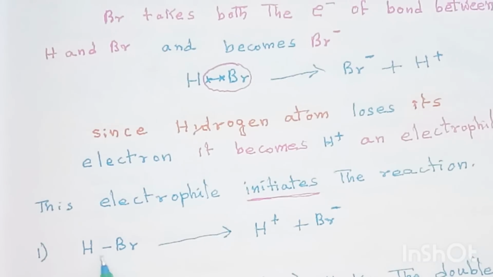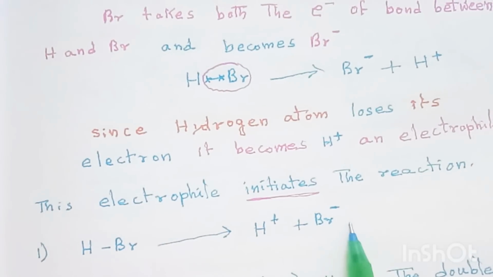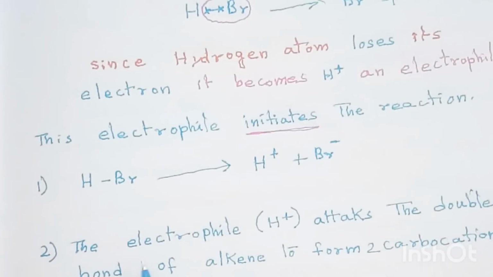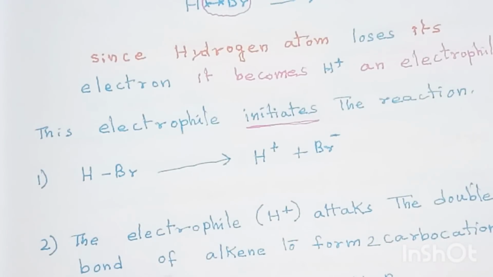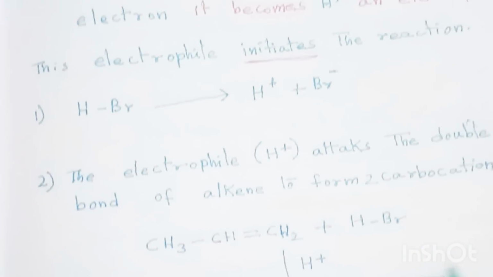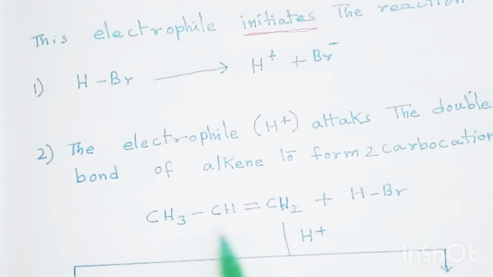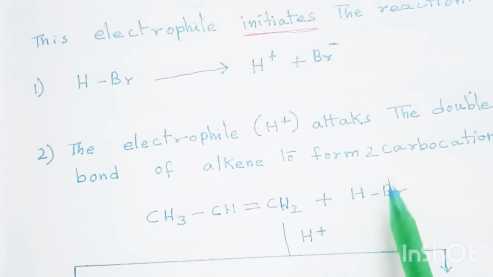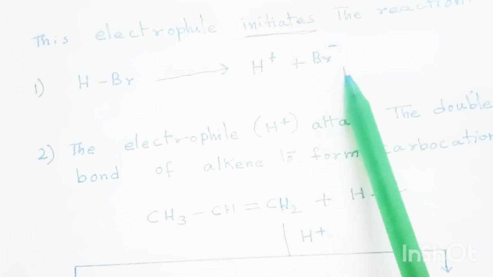HBr splits as H plus and Br minus. The electrophile H plus attacks the double bond of the alkene to form carbocations. Let us see how it happens. CH3CH double bond CH2 plus HBr splits as H plus and Br minus.